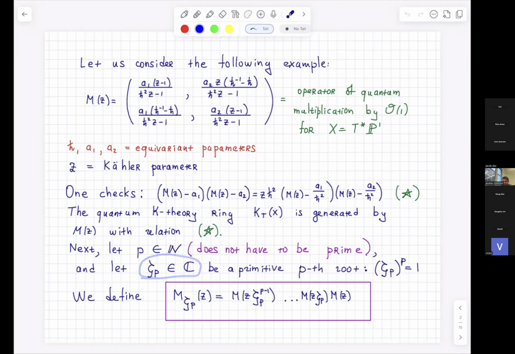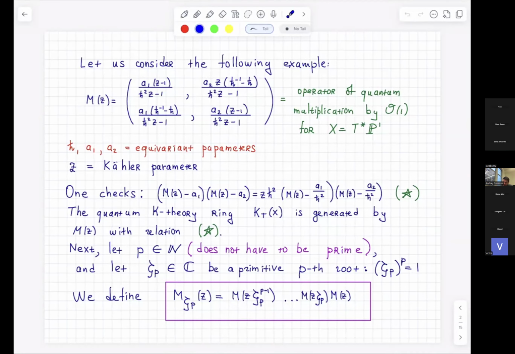It may be a complex pth root of unity, or whatever field you are working with. We can define the following thing, which is some kind of average of this matrix with respect to shifts of the Kähler parameter by the roots. So it's M(z) multiplied by M shifted by the root and so on, all the way up, so basically all roots of degree p appear in this product.